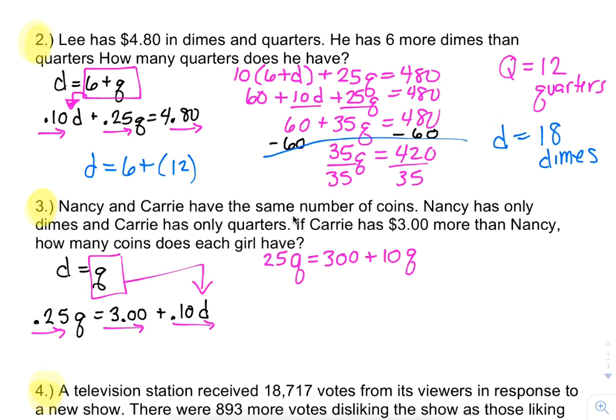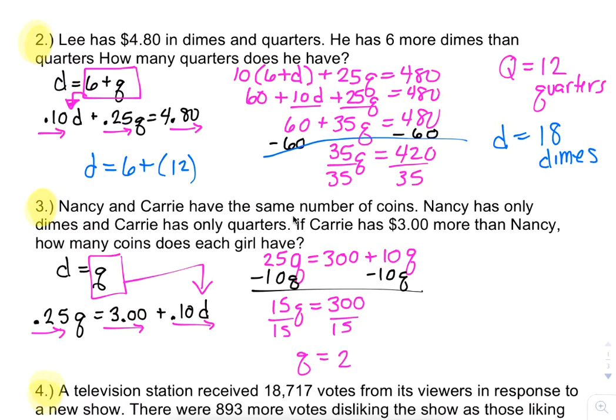Now my Q's aren't on the same side, so I am going to need to cancel that. I'm going to subtract 10Q from both sides. That's going to give me 15Q equals 300. Now my last step is to divide by 15, and that means that I have 20. But 20 what? That makes 20 quarters.